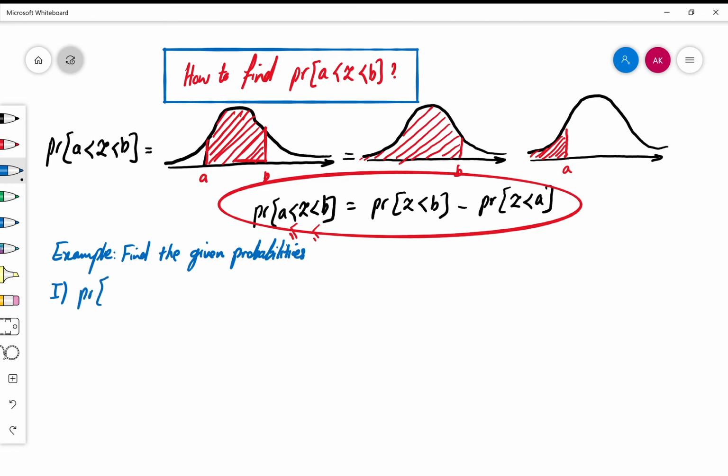Probability of z bigger than or equal to 0.14 and less than 2.9. The second one is a probability of z bigger than or equal to 1.32 and less than or equal to 1.75.